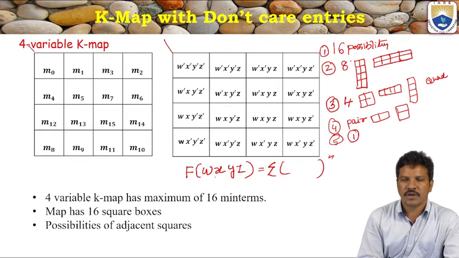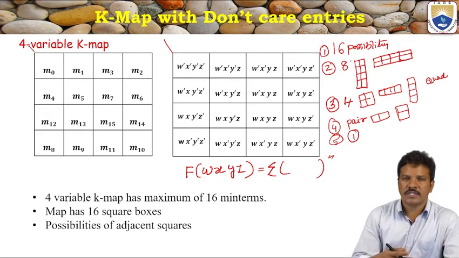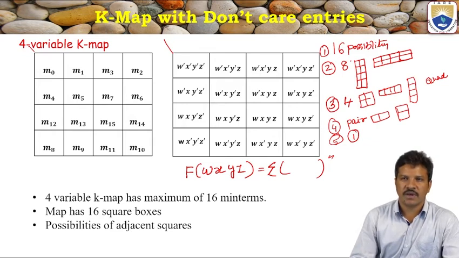For this kind of Boolean function, the corresponding Karnaugh map has 16 square boxes. We can assign the values with 2 variables horizontally and 2 variables vertically, because this is the way we make the Karnaugh map. For a 4-variable Karnaugh map, we divide it into 2 variables horizontal, 2 variables vertical.